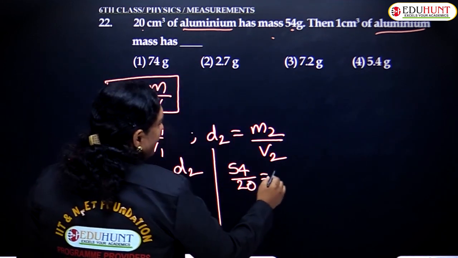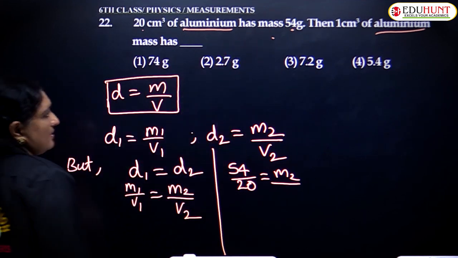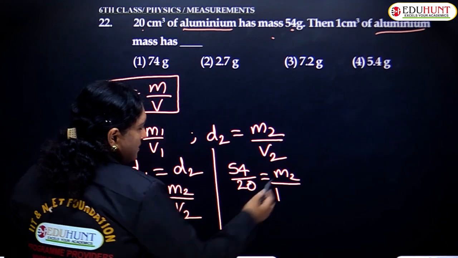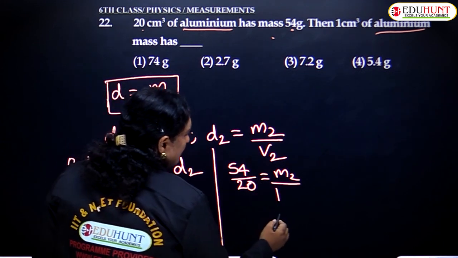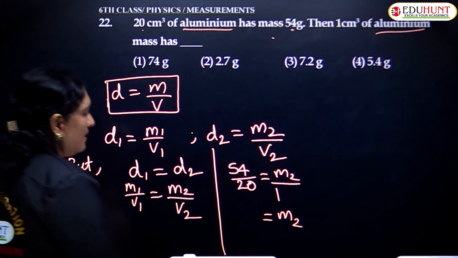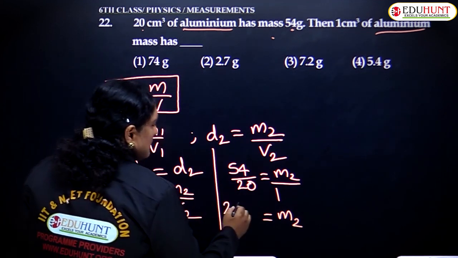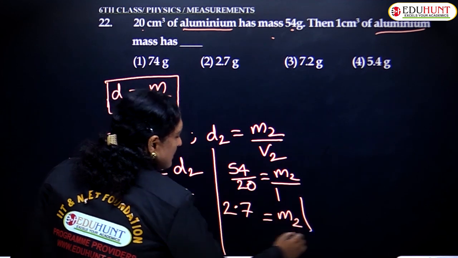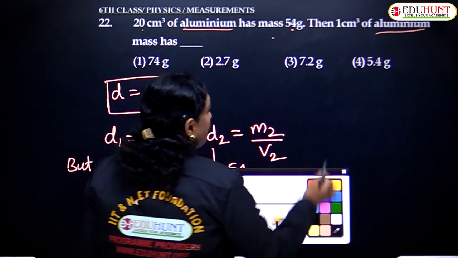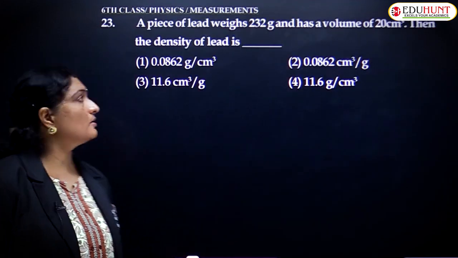You are asked to find out M2. That mass, second mass you are asked to find out. What is the second volume? 1 centimeter cube. So M2 is equals to 54 upon 20. How much is that answer? 2 2s 4, 7. So 2.7 grams is the mass of the second, 2.7 grams.